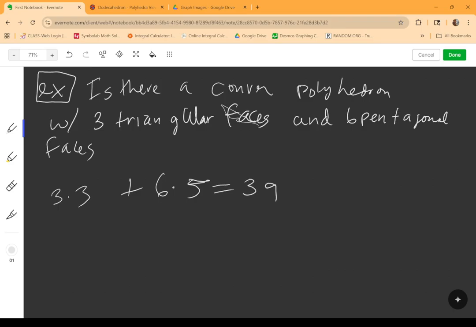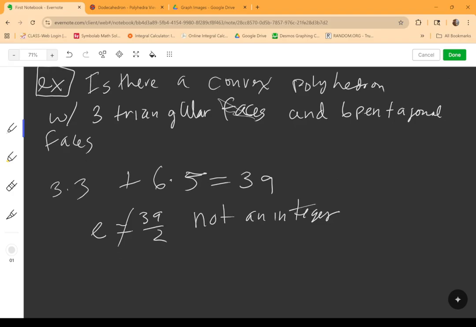But again, these edges are doing double work, so when I try to halve these, it has to be an integer, but since 39 is odd, that cannot be the case. So not an integer. So this type of convex polyhedron will be impossible.